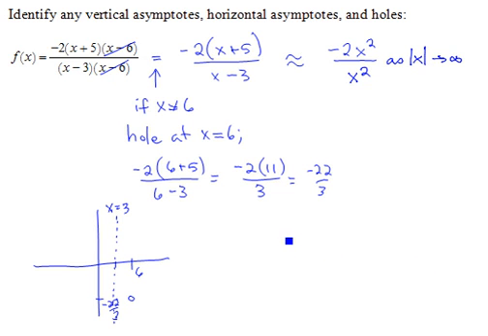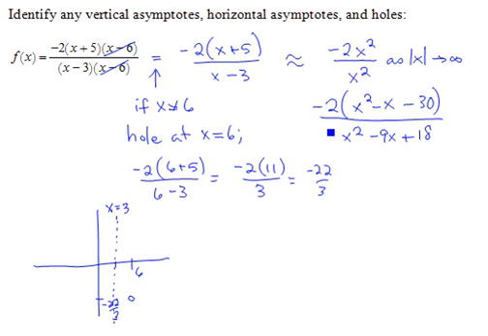If we were to multiply out our expression, we would have negative 2 times the quantity x squared minus 6 plus 5 is minus 1x minus 30 on top, and in the denominator we'll have an x squared minus 6 minus 3 makes minus 9x plus 18.